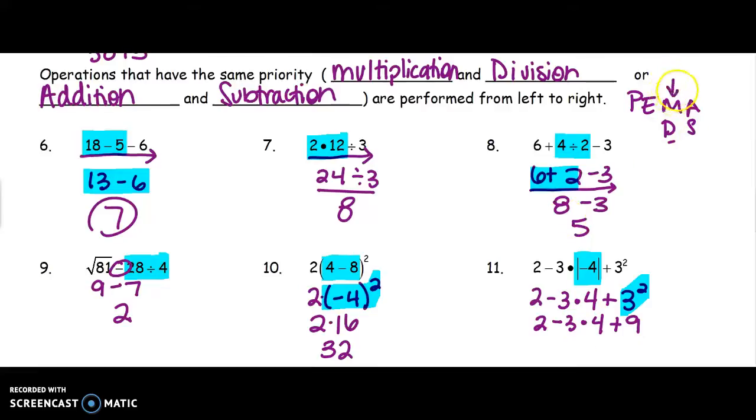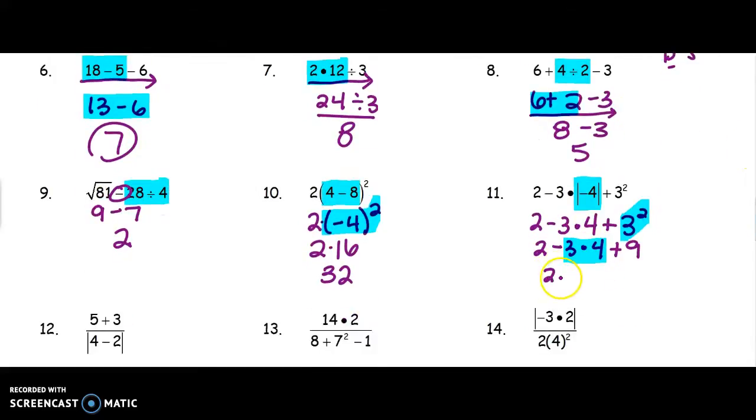Okay, and then we look here. Do we have multiplication or division? We do. 3 times 4. So we're going to go and say 2 minus 12 plus 9. And since we only have addition and subtraction, you work left to right. If you put that into your calculator, you're going to get negative 1.